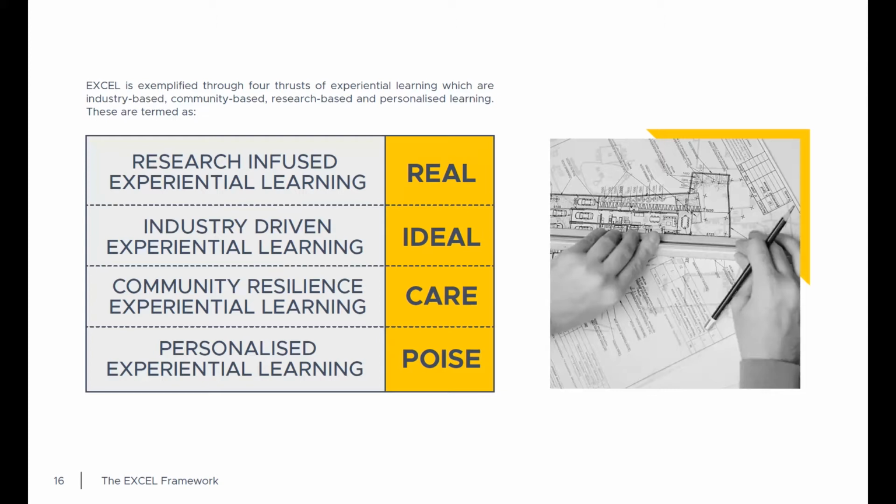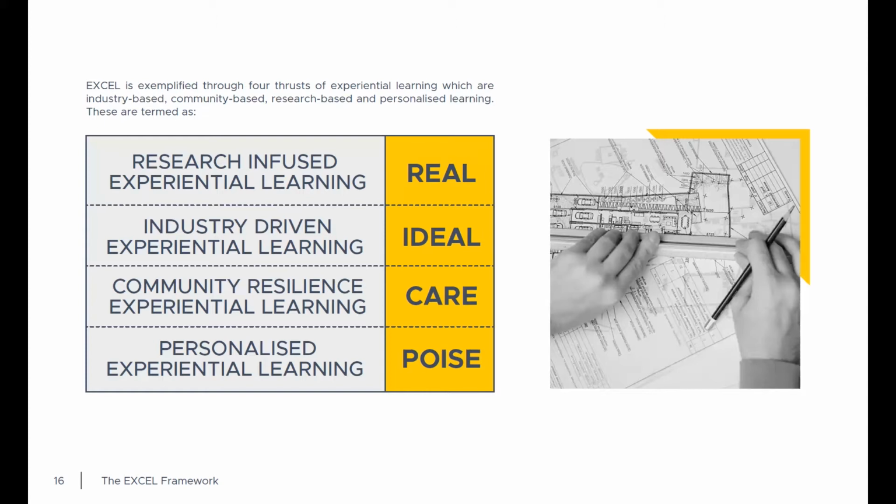Then finally, there is personalized experiential learning, or POISE. This is experiential learning where the program is personalized. For example, someone who is interested in doing something and learning a new skill can join the program, and they are not bound by our 4-year program.